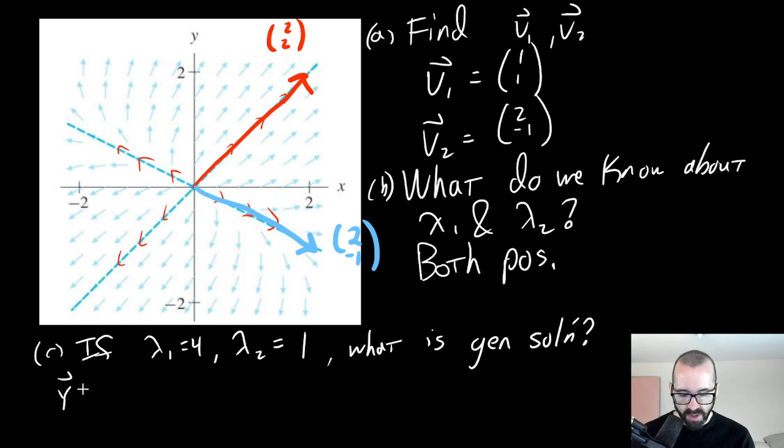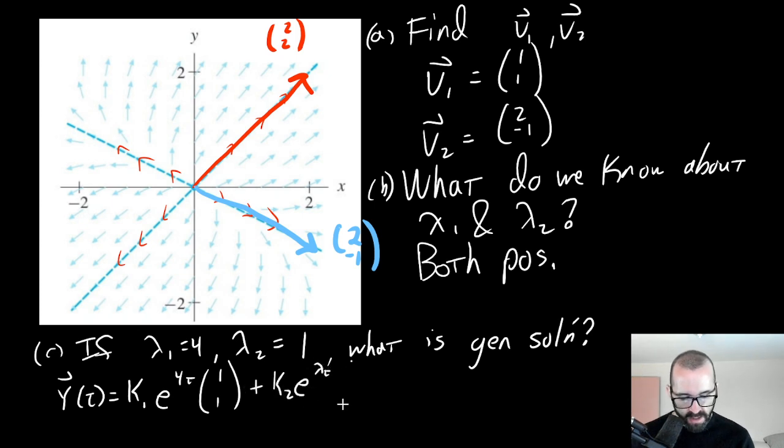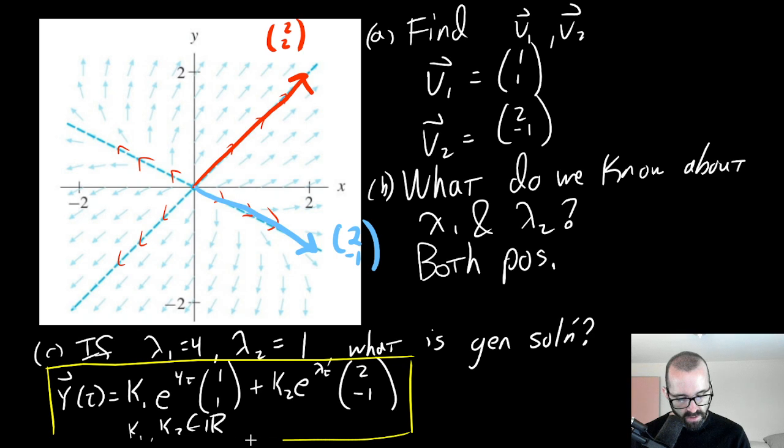Our general solution is any constant times e to the lambda t, times its eigenvector, plus any other constant times e to the lambda t, times its eigenvector. Any k will work; k1 and k2 are any real numbers. That is our general solution to this differential equation.